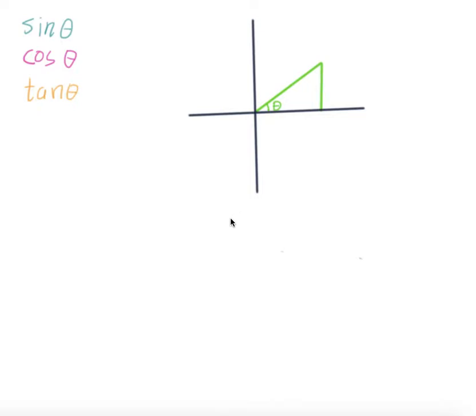Okay guys, today we're going to talk about the fundamental identities and where they come from. So if we remember our graph here, x and y axes are old friends, and you might know that sine equals y over r, cosine equals x over r, and tangent equals y over x.